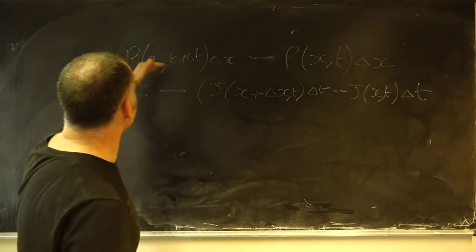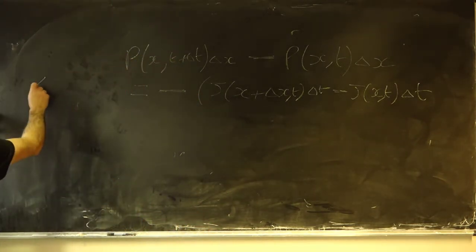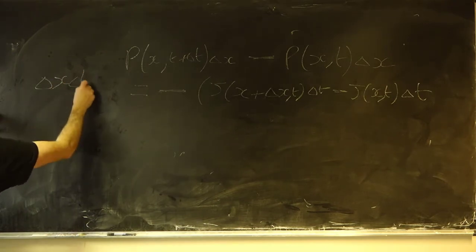Now we're going to divide both sides of this through by delta x delta t.